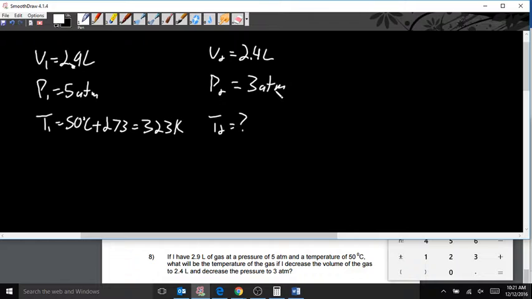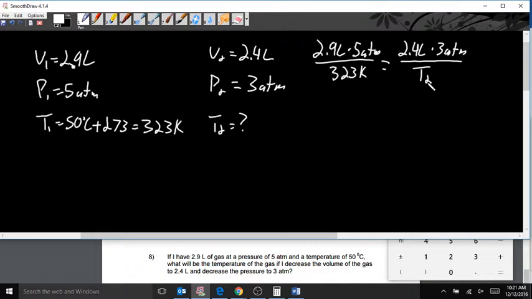All right, so now when I set this one up, I have 2.9 liters times 5 atmospheres over 323 Kelvin equals 2.4 liters times 3 atmospheres all over T2. All right, so now what I'm looking for is in the bottom. The first thing I have to do is cross multiply.